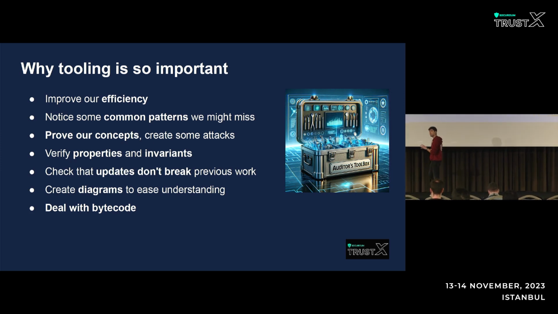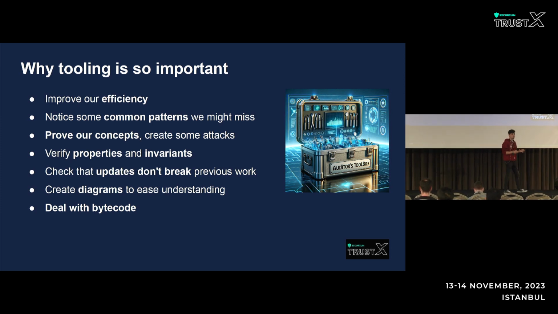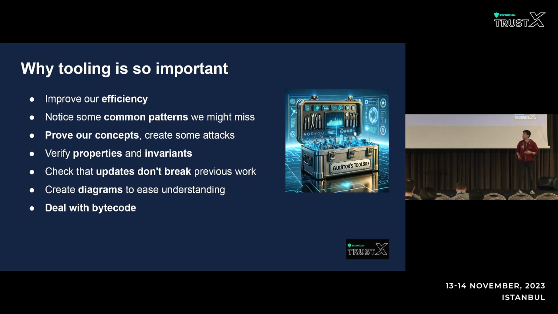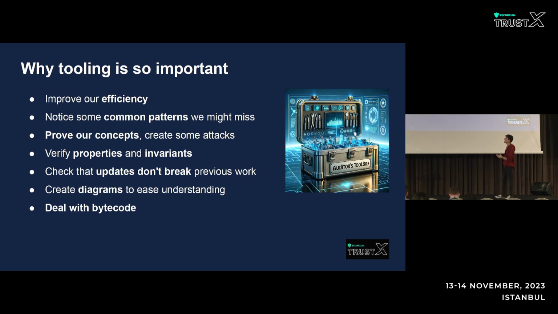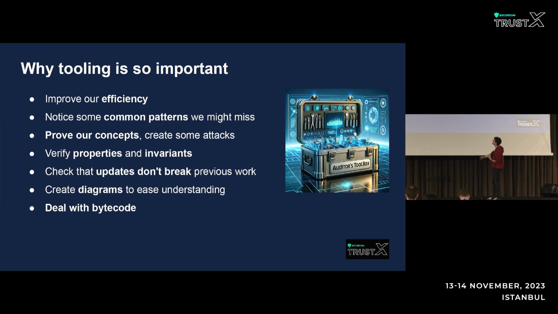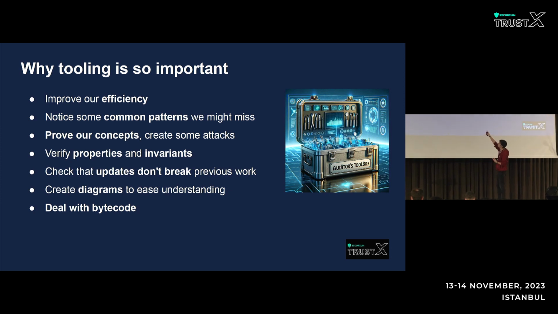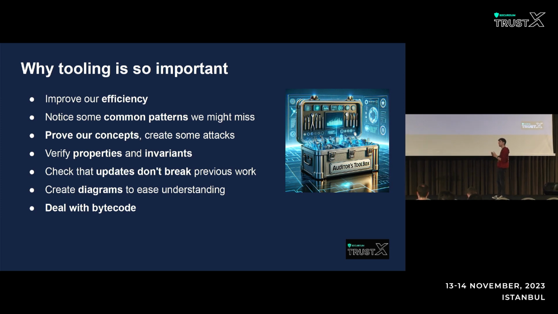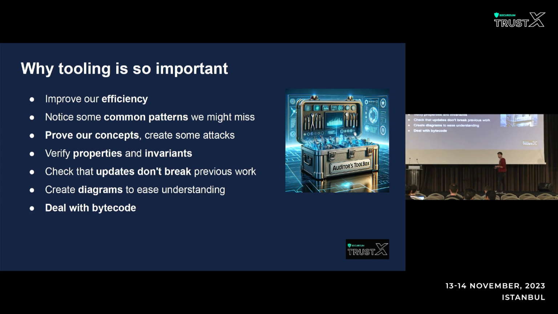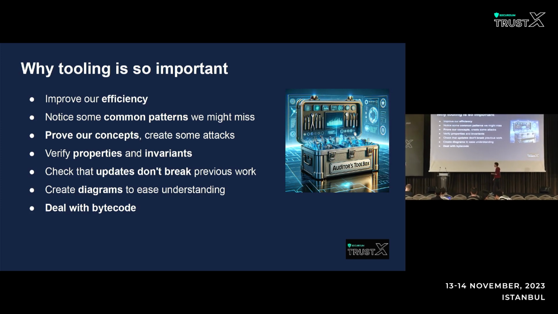We can fork mainnet or whatever blockchain and land the code against it. That's why tooling can really help us. Also, we can prove invariants and properties. We can check that updates don't break the code without doing more reviews, which saves a lot of money.